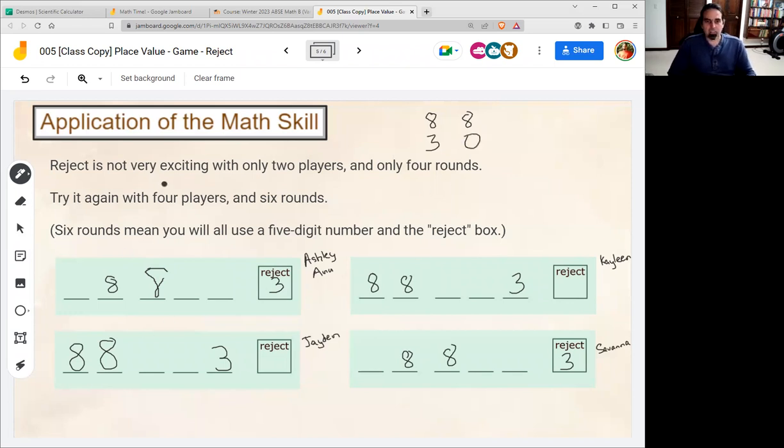Not very exciting. 0 there, 0 there. Okay, a 3.